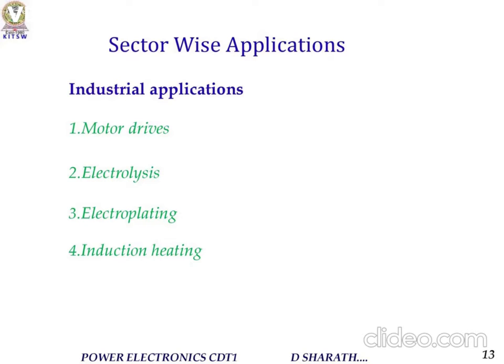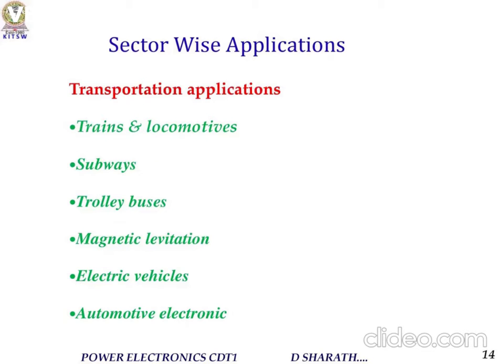These are the four major applications in the industrial sector of power semiconductor devices. And coming to transportation systems, we use them for trains, locomotives, subways, trolley buses, magnetic levitation, electric vehicles, and automotive electronic devices.